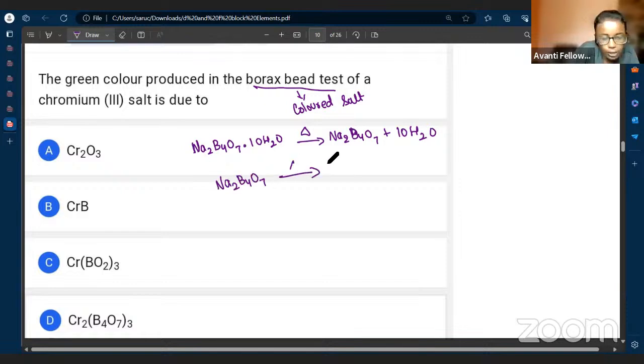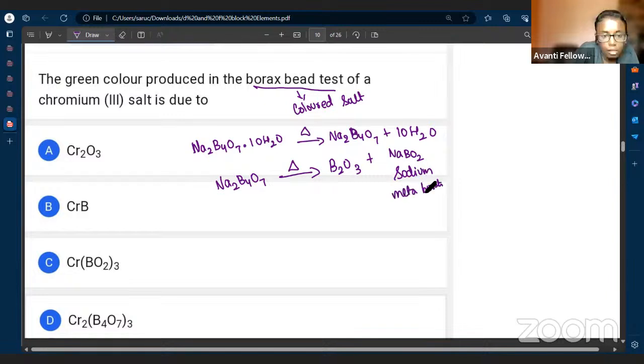When you heat further, boric anhydride B2O3 is formed and NaBO2, sodium metaborate, is formed.